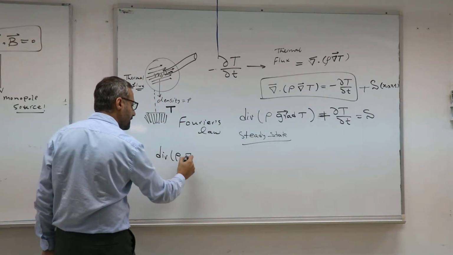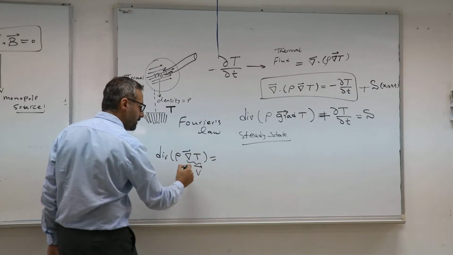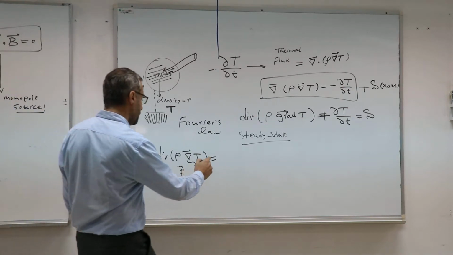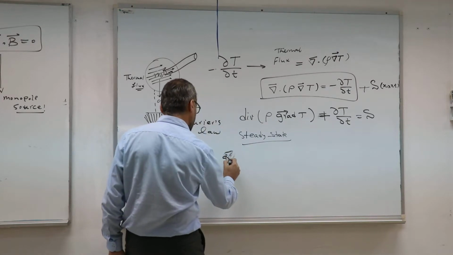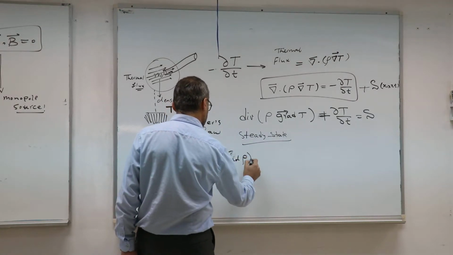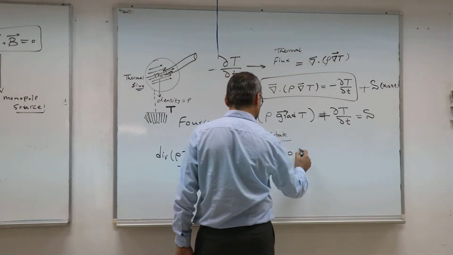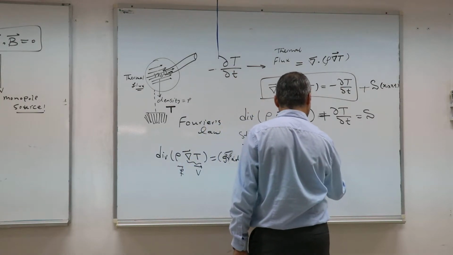Divergence of rho gradient T. Okay, this is like a vector for me, and this is like a function. So I use this identity: gradient of rho, dot gradient T, plus rho times the divergence of this vector.